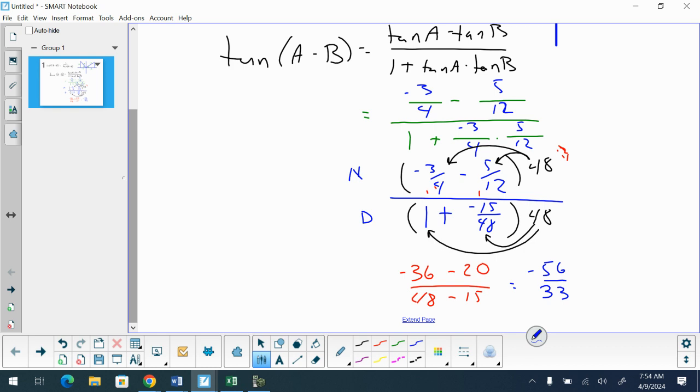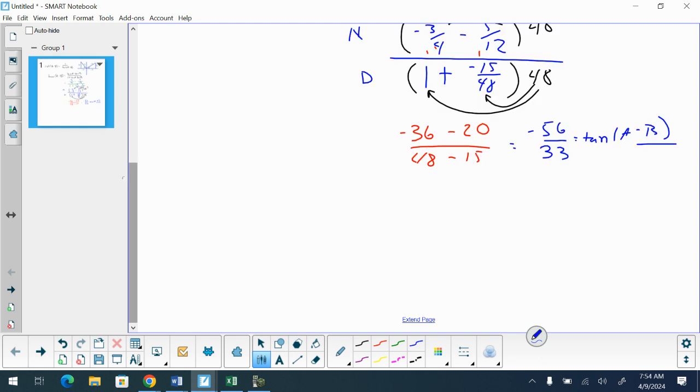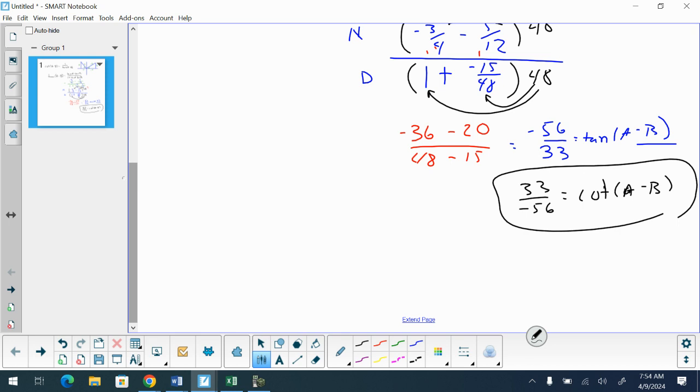This here is your tangent of A minus B. What we want is we want our cotangent, so we just flip it over then. So we have 33 over -56 is your cotangent of A minus B. And once again, you can throw that negative out front or on top.